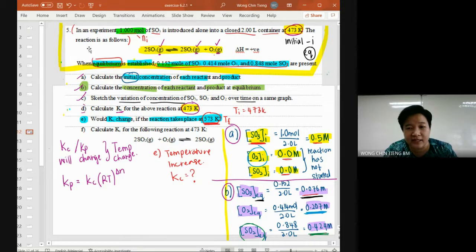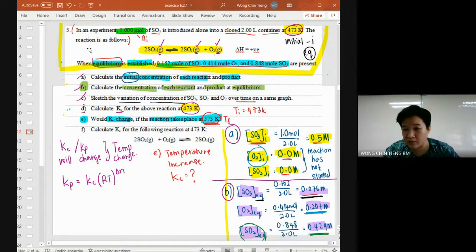So look at your KC, KP: affected by what? Temperature. Is there pressure? No, there is no pressure, no volume, no concentration. Bear in mind, this formula comes from your ideal gas equation.